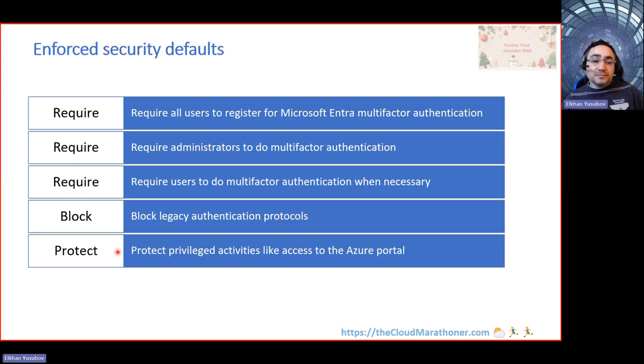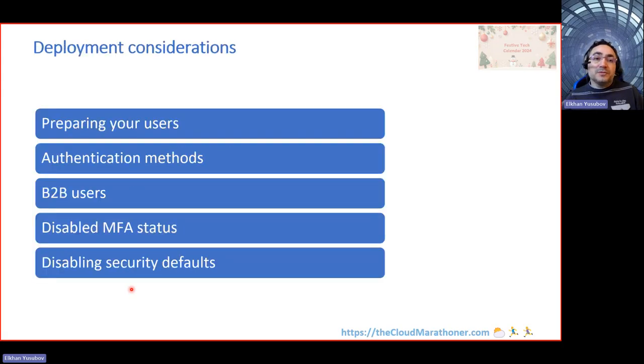Now let's look at deployment considerations, once you check all these requirements and you want to go ahead with enabling security defaults on your Azure tenant. For the deployment options, there are 5 different considerations before doing the deployment. First one here is preparing your users, right?